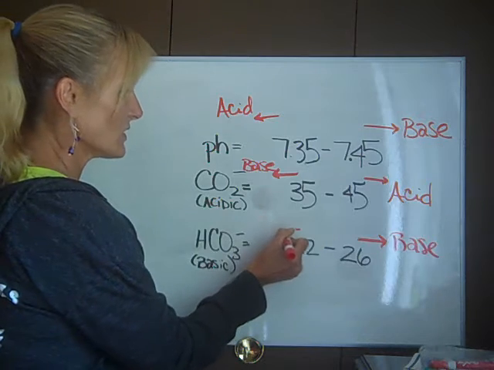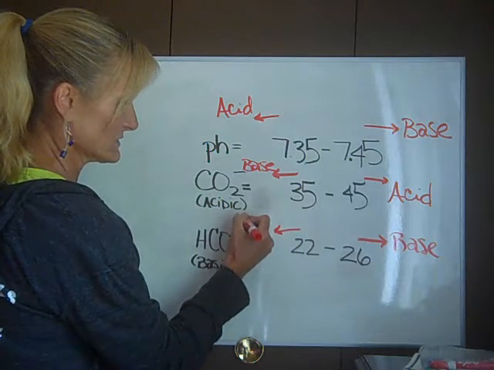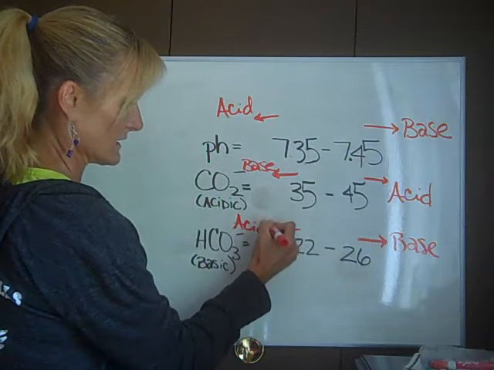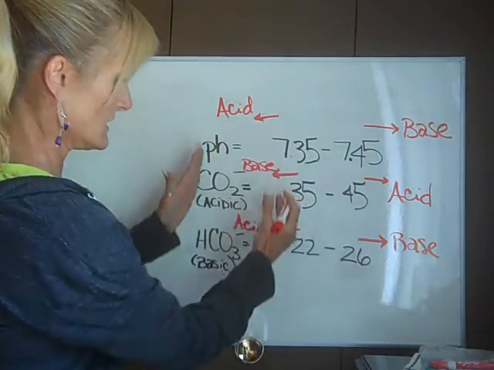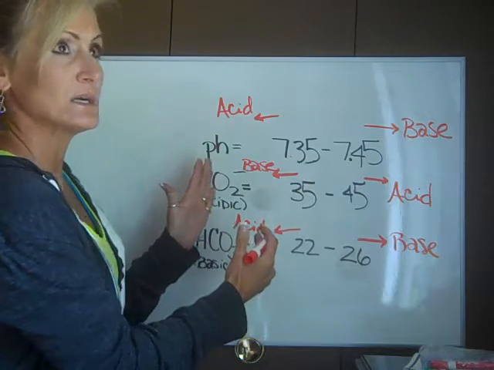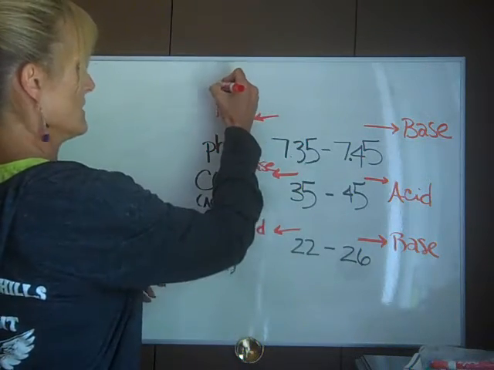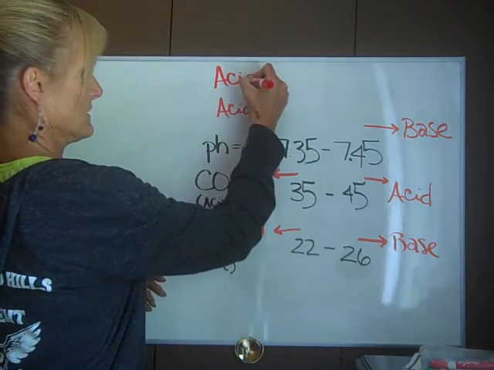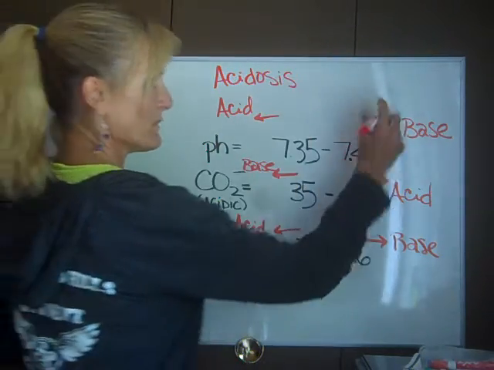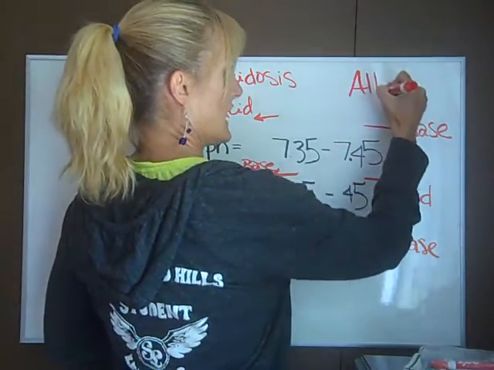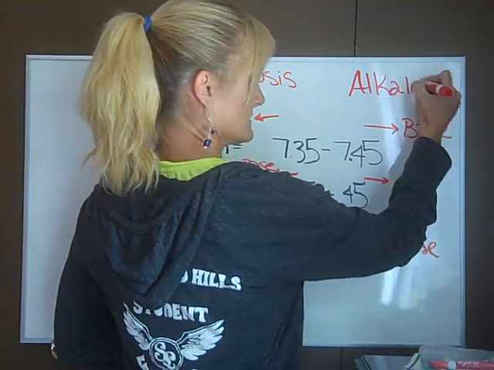And when you get lower bicarbs, this is going to be more acidic. Okay? When your patient is more acidic, it's called acidosis. And when they're more base, it's called alkalosis.